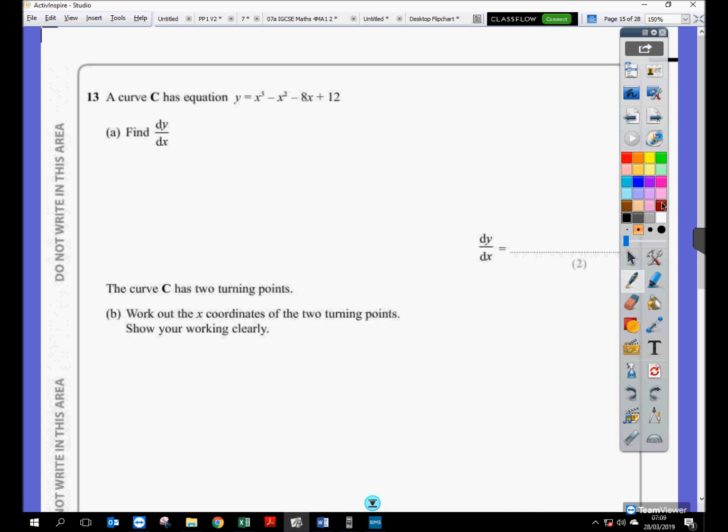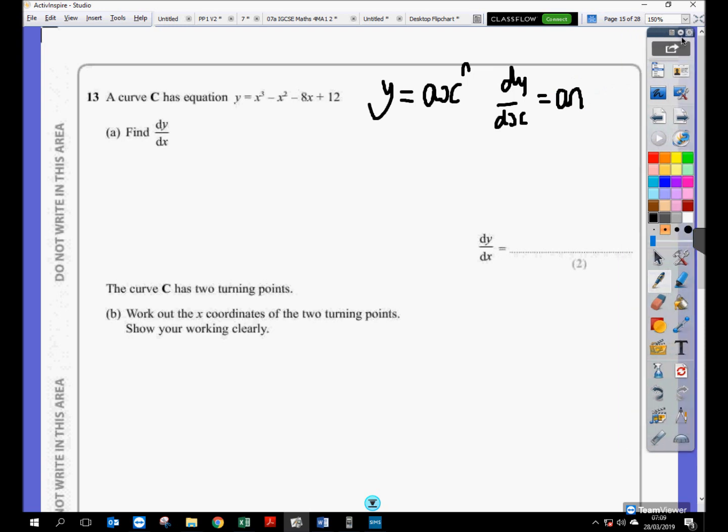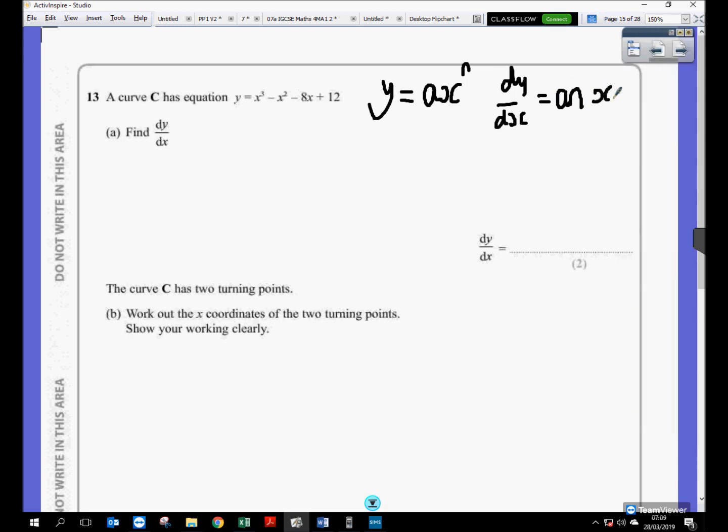Next, calculus. Very beautiful. Okay then, so the rule is this. If you have y equals ax to the power of n, dy by dx is equal to anx to the power of n minus 1.